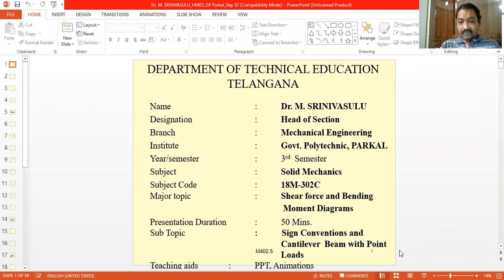We will continue the fundamentals about the SF and BM, that is the shear force and bending moment, about the sign conventions and some important points to construct the SF and BM diagrams, and we will also construct the shear force and bending moment diagram for the cantilever beam with point loads and also with UDL.